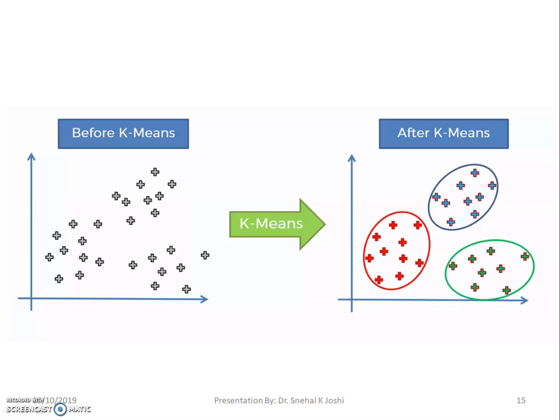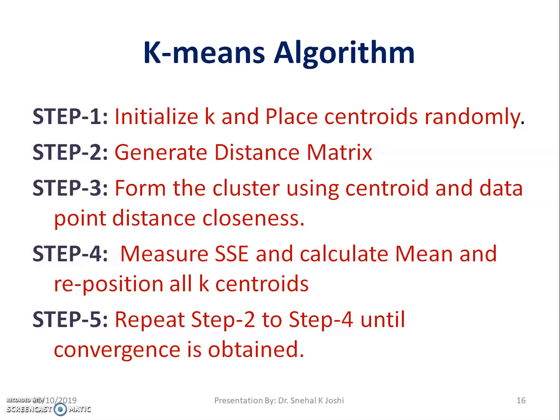K-means clustering is an unsupervised algorithm, and as we saw, the algorithm performs iteratively for the k value. Let us summarize the steps. First, initialize the value for k and randomly place centroids. Second step is calculating the distance from each data point to each centroid and generating the distance matrix.